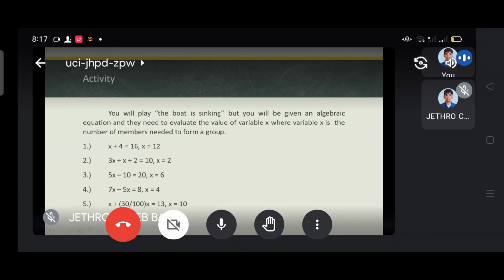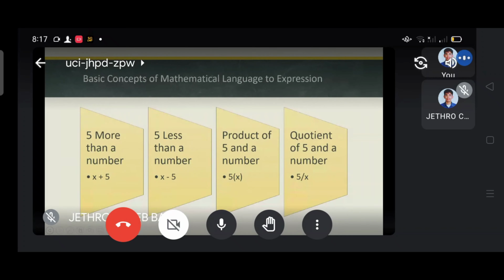Here are the basic concepts of mathematical language. Two expressions. Take note, it is only an expression, not a complete thought, not a mathematical sentence. Here is the first example. 5 more than a number. Pag sinabing more than, it means nadagdagan, positive. So, x plus 5.